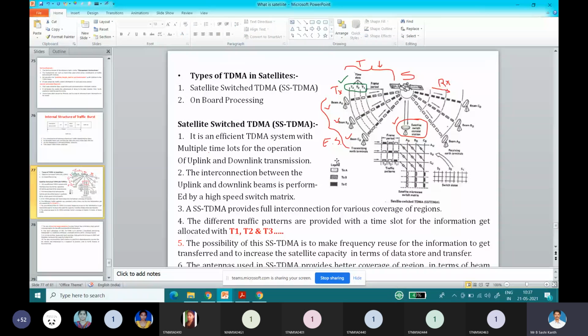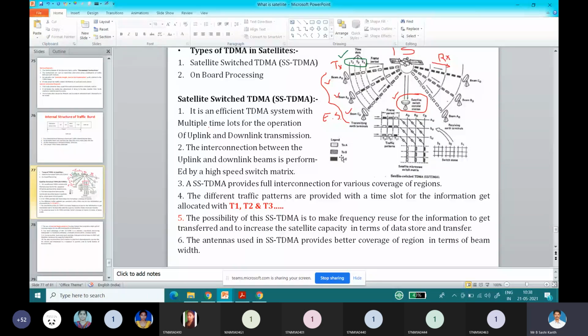This helps you understand the coverage region, how it is made in terms of the satellite switch control station, which is present near the ground, and it makes a switch operation with the Earth station that wants to connect with the satellite.